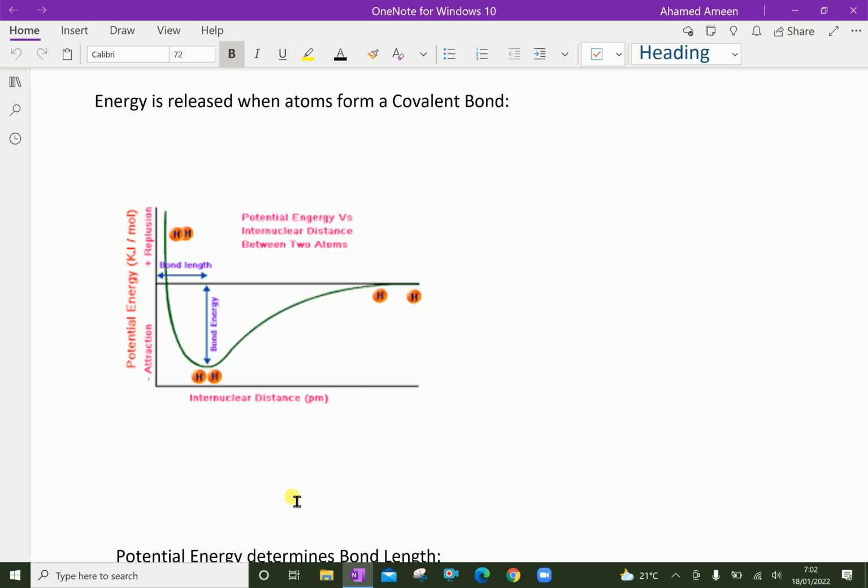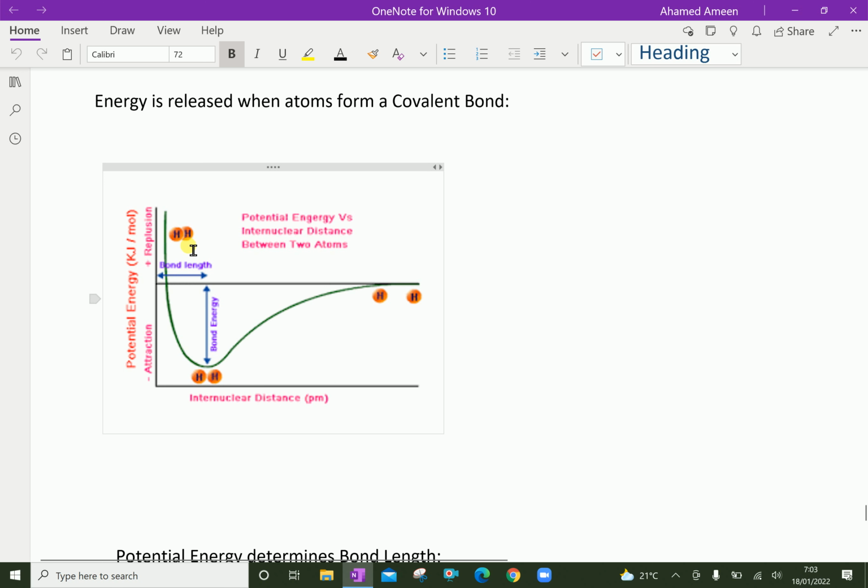Eventually, the atoms get close enough that the attractive forces between the electrons of one atom and the nucleus of the other atom are balanced by the repulsive force caused by the two positively charged nuclei as they are forced closer together. The two hydrogen atoms are now covalently bonded.